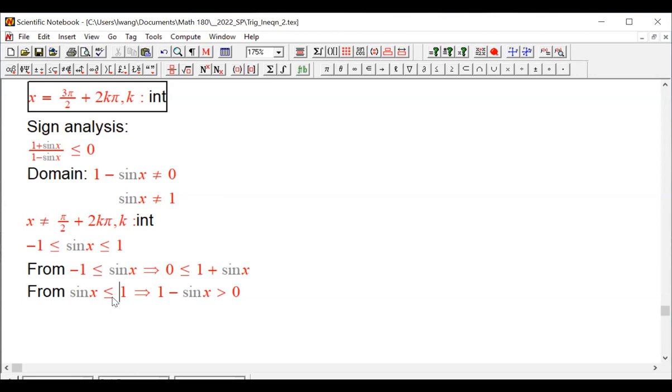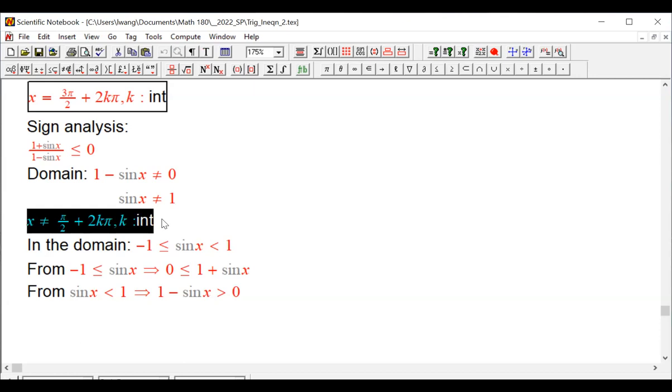In the domain, this is going to be positive. So less than or equal becomes less than because it's a domain requirement.